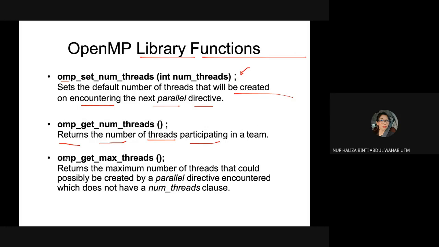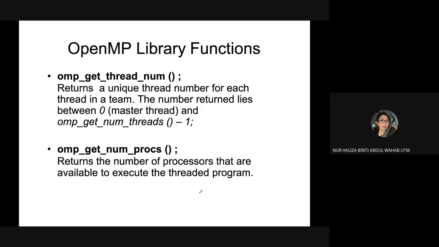Third is your get max threads, which returns the maximum number of threads that could possibly be created by a parallel directive encountered which does not have a num threads clause. And also there is another two, which is your get thread num. And lastly, your omp get num procs.